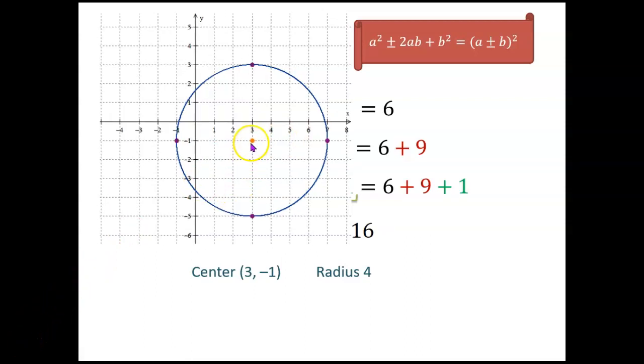So now this should show the correct graph where all the points on this circle are 4 units away from 3, negative 1 in all different directions. Start at 3, negative 1 and go up 4, down 4, 4 to the right, 4 to the left, and that same distance off at any angle, and you get to a point on the circle.